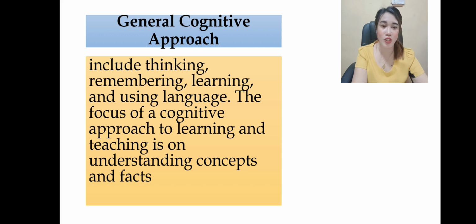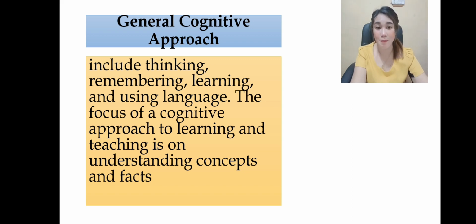First is the general cognitive approach. We all know that thinking, remembering, learning, and using the language are all examples of cognitive processes. When we use a cognitive approach to learning and teaching, we put the emphasis on comprehending facts and ideas.